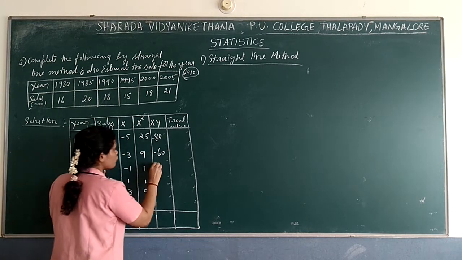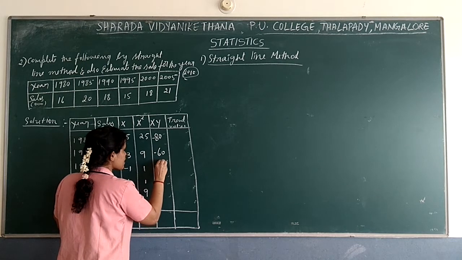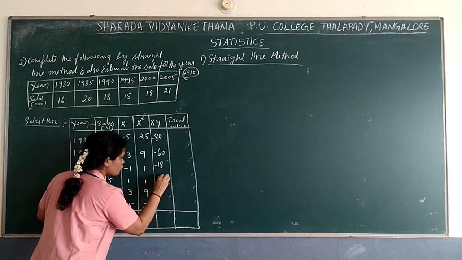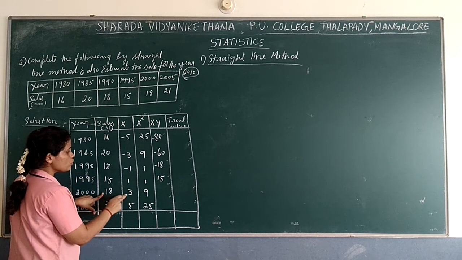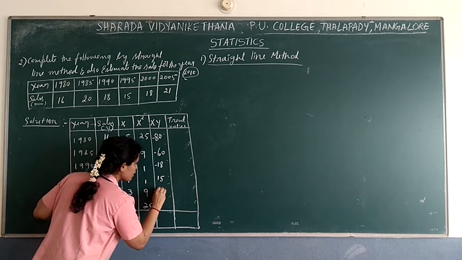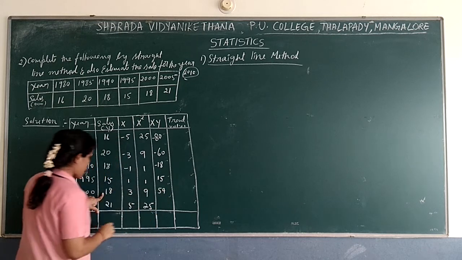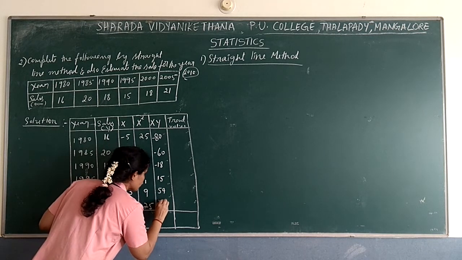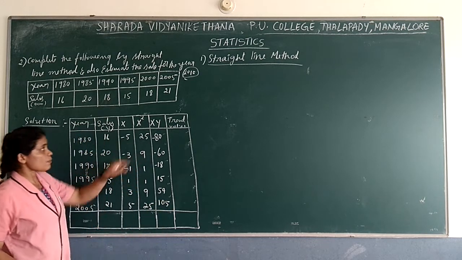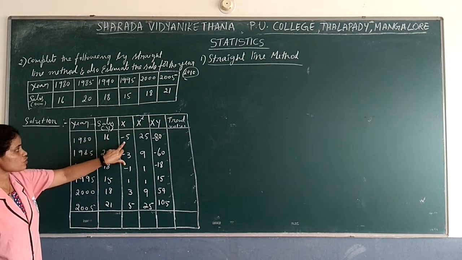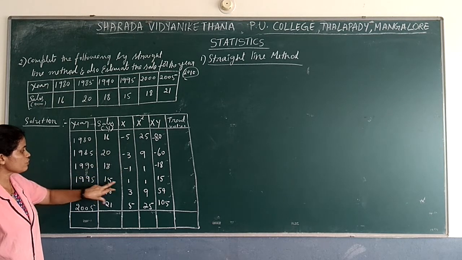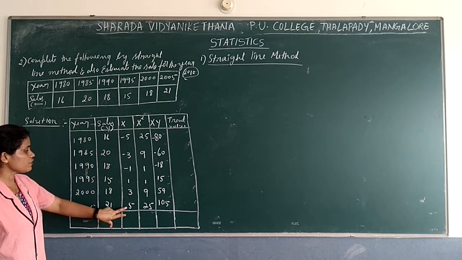Then 18 into 1, that is -18. Then 15 into 1 we get 15. Then 18 into 3 we get 54. And the last one, 21 into 5, we get 105. So this is about x into y.